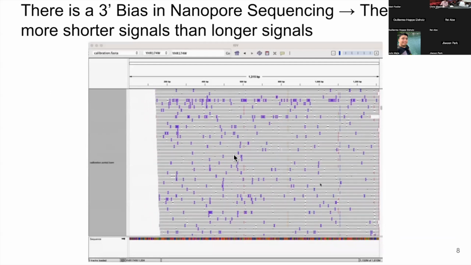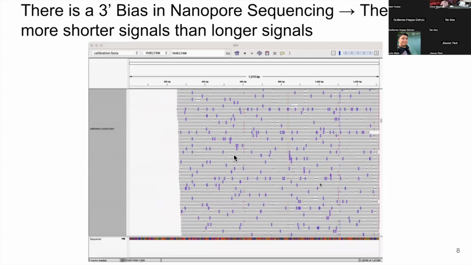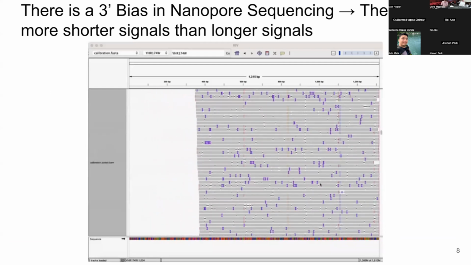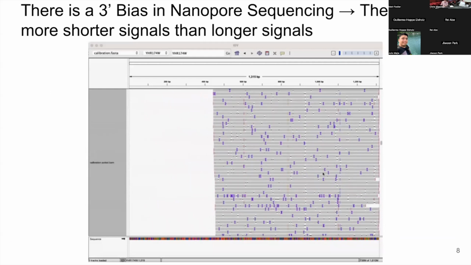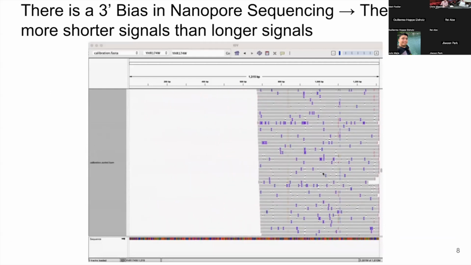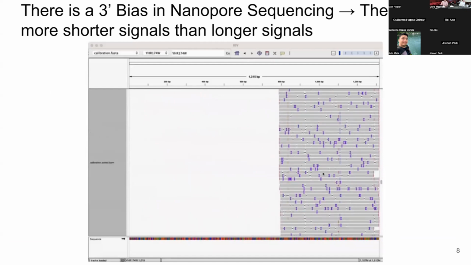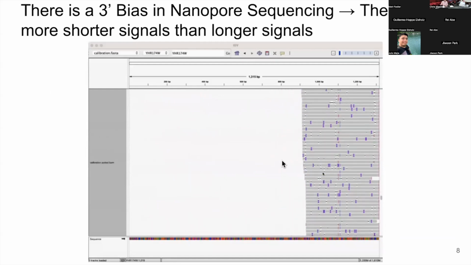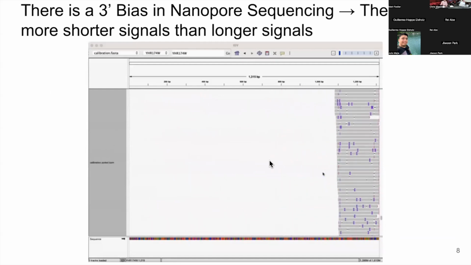So another thing to know is there is a 3' bias in nanopore sequencing. So many signals are shorter than longer, which Teo mentioned in one of the lectures here as well, and gave me this cool GIF that I really like watching to completion here.